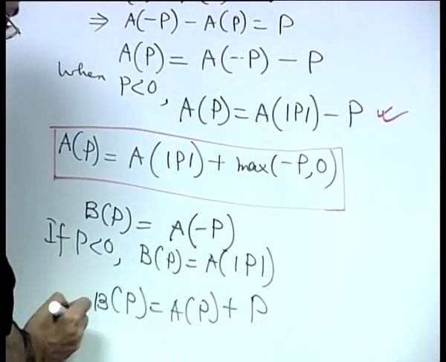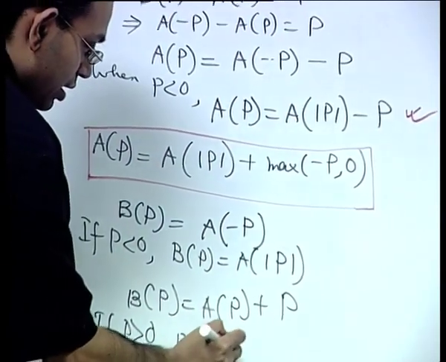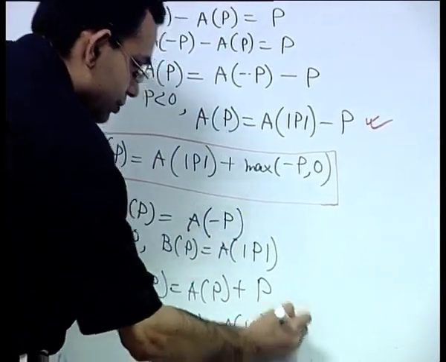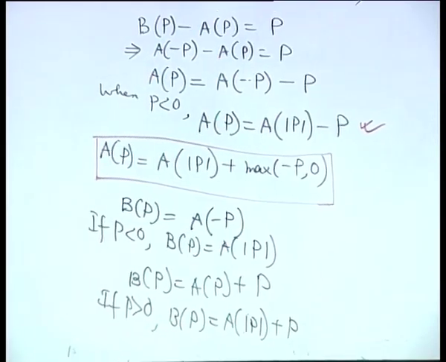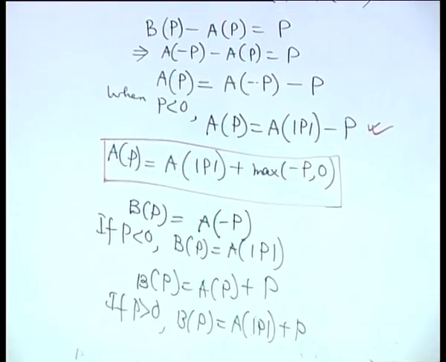So that means if P is greater than 0, B of P is equal to A of mod P plus P, because mod P equals P for P greater than 0.